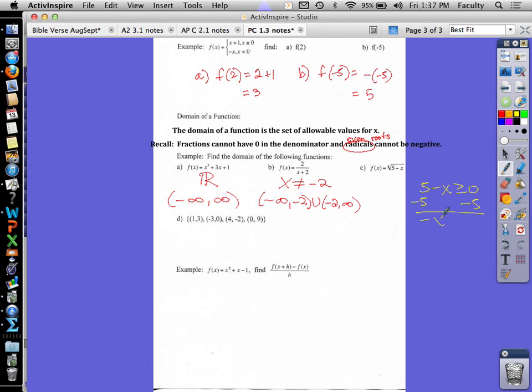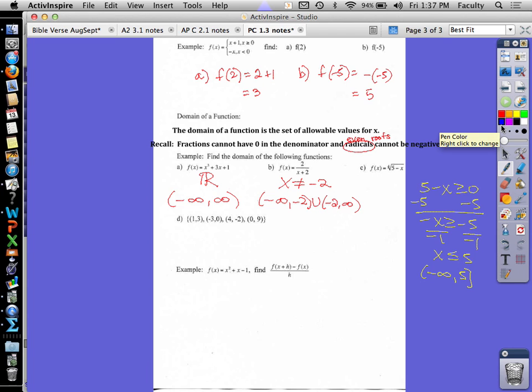So you subtract, and I'm getting x is less than or equal to 5. So that would be negative infinity to 5 with a bracket. So when it says radicals can't be negative, you're setting what's underneath there greater than or equal to 0.